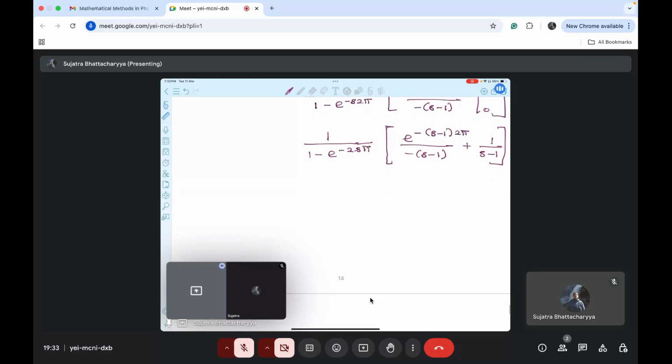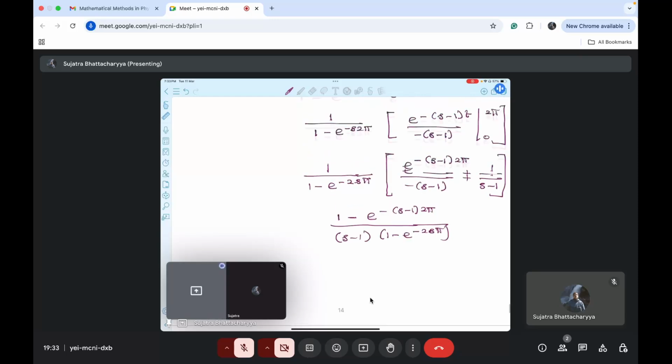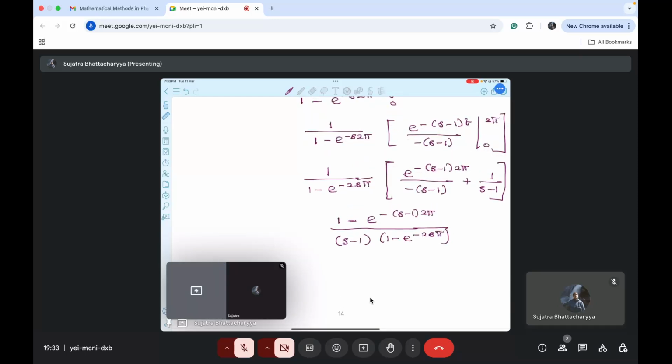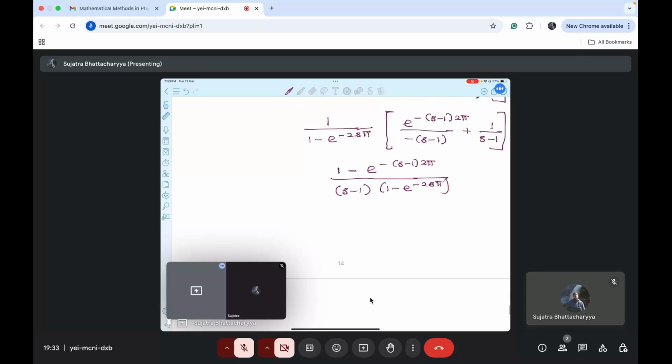So finally it is 1 minus e to the power minus (s minus 1) 2 pi divided by s minus 1, and you have your 1 minus e to the power minus 2 pi s. Right. So this is what you get. Fine. So this is the answer.